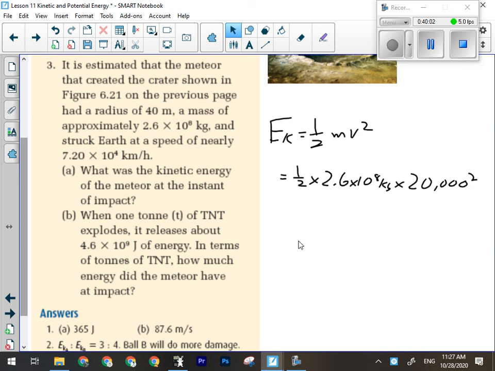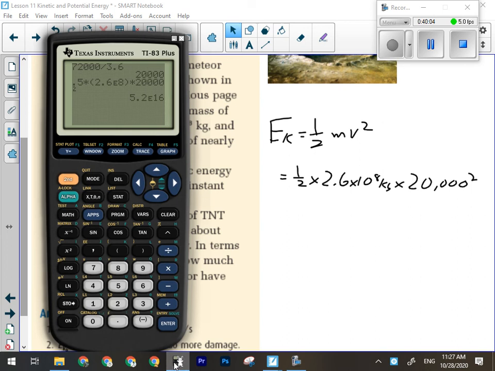If I divide the number I just got by this 4.6 times 10 to the 9, then we're looking at 11,304,347 tons of TNT. That is 11.3 megatons of TNT.